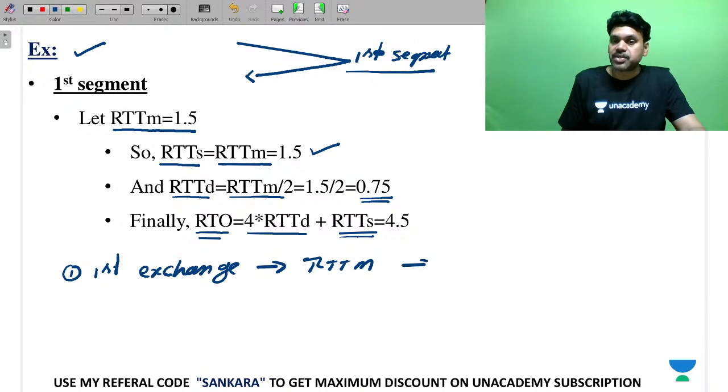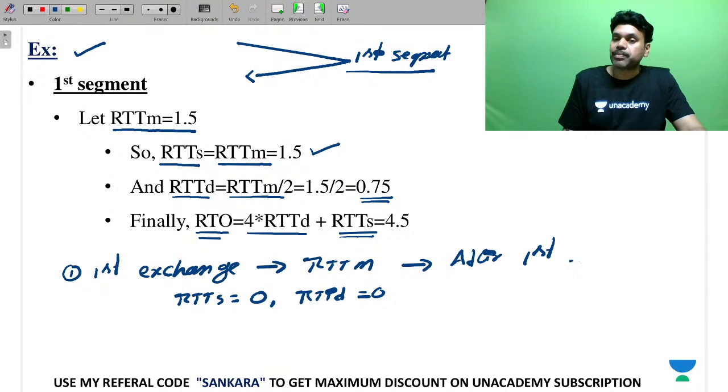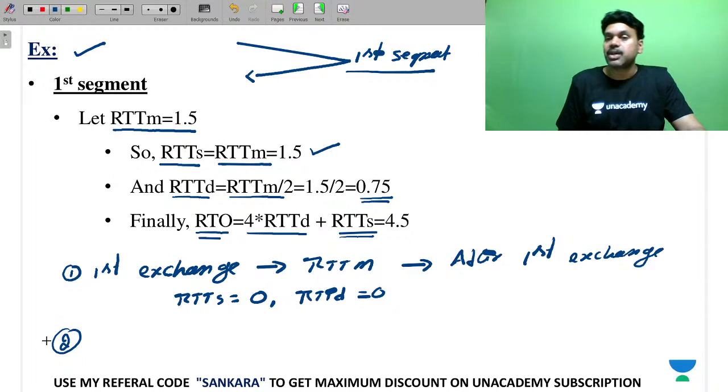After the first exchange, all the values are no values. RTTS is equal to no value, and your RTT deviation is equal to no value. After the first exchange, the values are going to be changed.